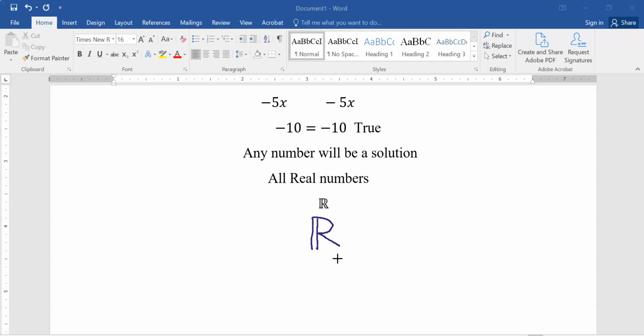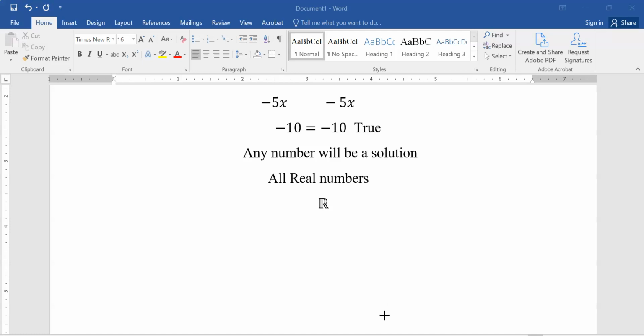So some people will write this way as the symbol for all real numbers too. Some people do double everything, other people just do double left-hand side and then single arch. Either way you do it, all real numbers is the solution. And again, you can shorthand that by that symbol.